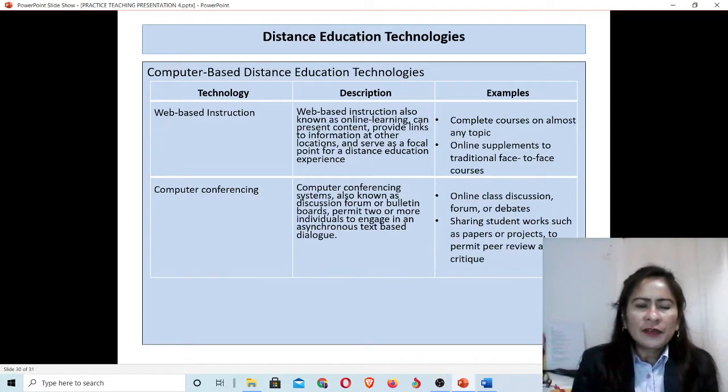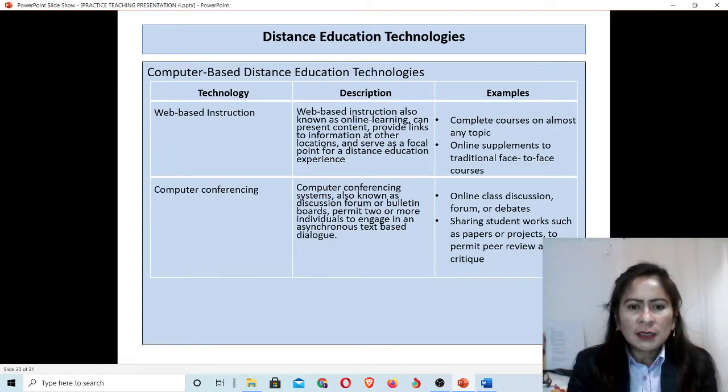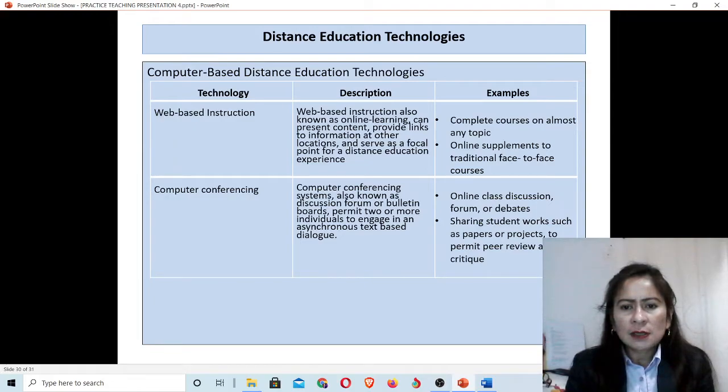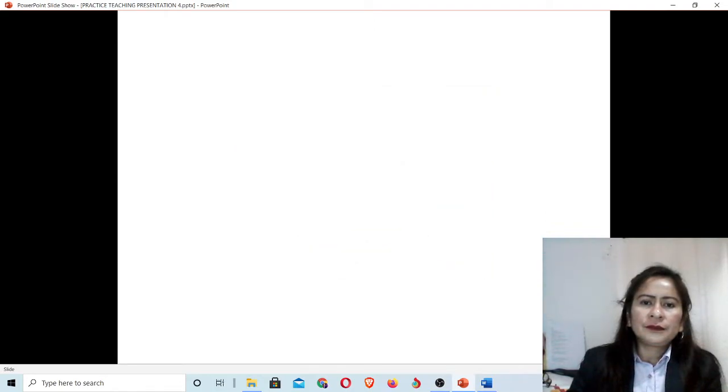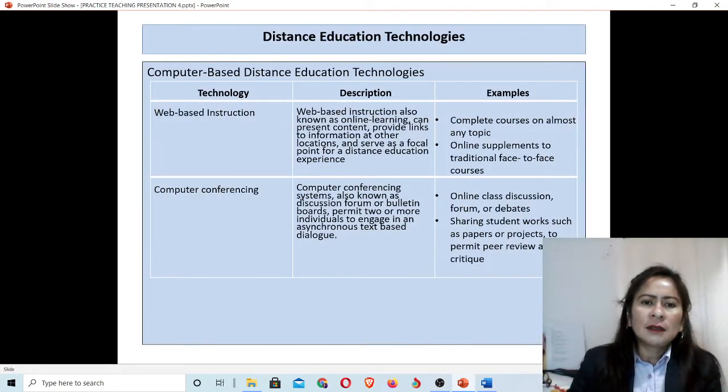A computer conferencing system, also known as a discussion forum or bulletin board, permits two or more individuals to engage in asynchronous text-based dialogue. Examples are online class discussion forums or debates, and sharing students' work such as papers or projects to permit peer review and critique. This is all about distance education technology.